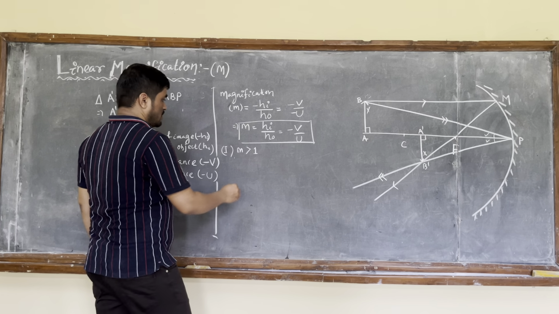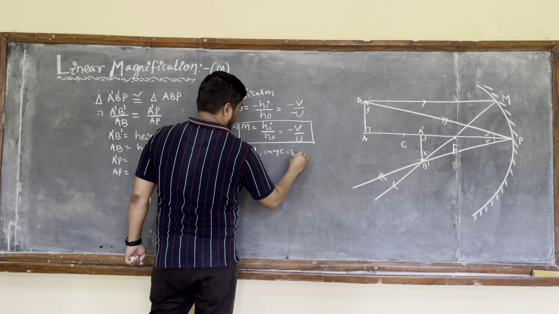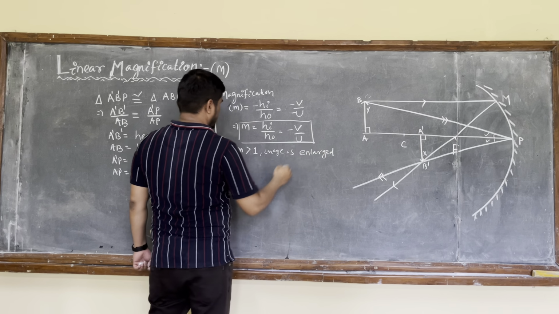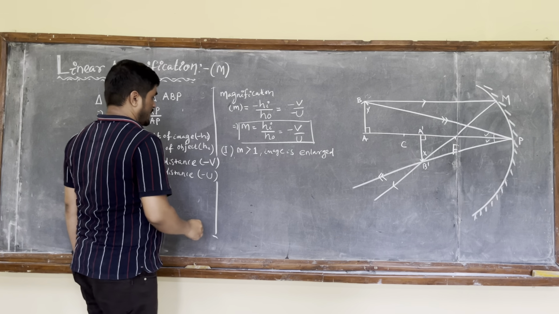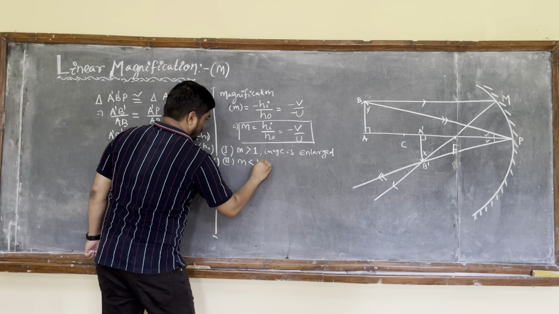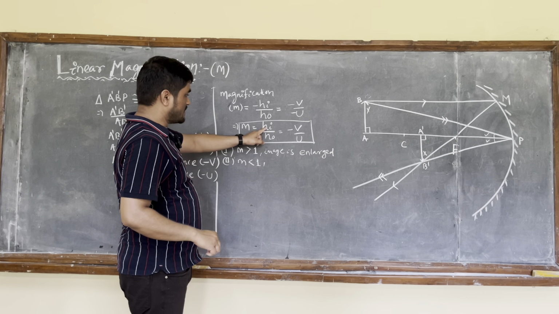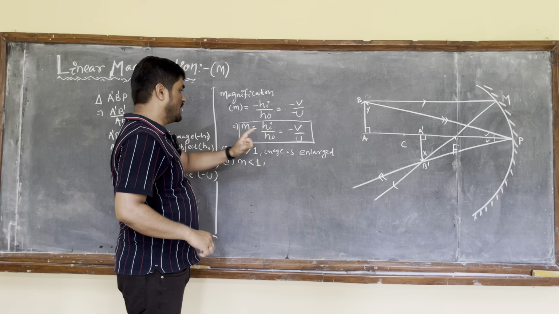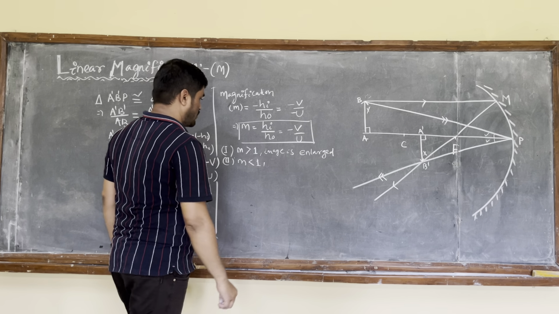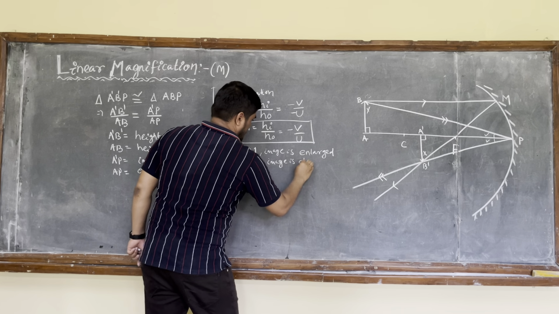That means the image is enlarged. Second case, M is less than 1. That means the ratio HI to HO is less than 1, means HO will be more than HI. For that case, the image is diminished.